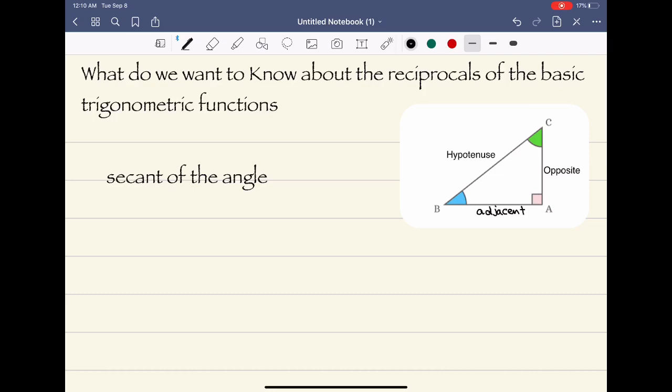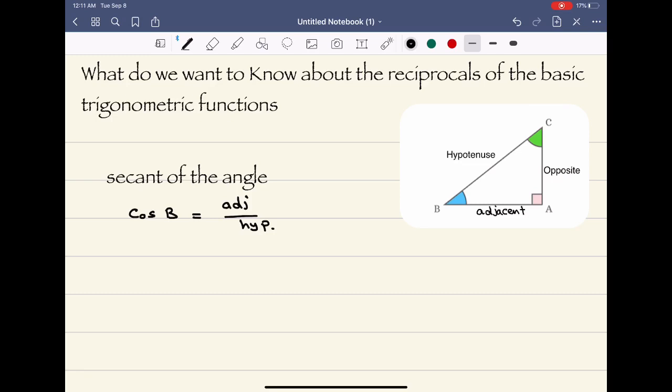What do you know about the reciprocal of the basic trigonometrical functions? At first, we know that cosine B equals adjacent over hypotenuse.